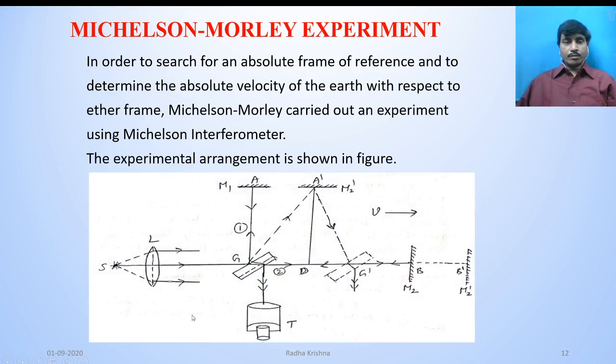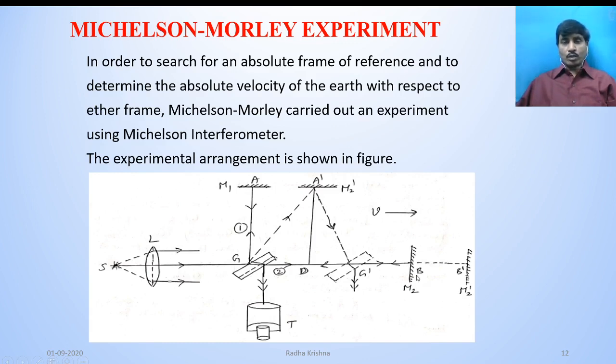In the diagram, S is a monochromatic source of light. L is a convex lens called a collimating lens, which produces a parallel beam of light. G is an optically plane glass plate semi-silvered on its backside, which is inclined at an angle of 45 degrees to the incident beam.